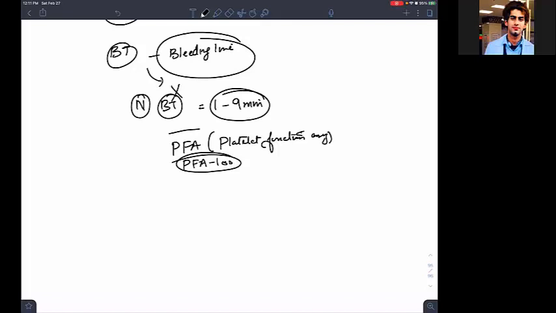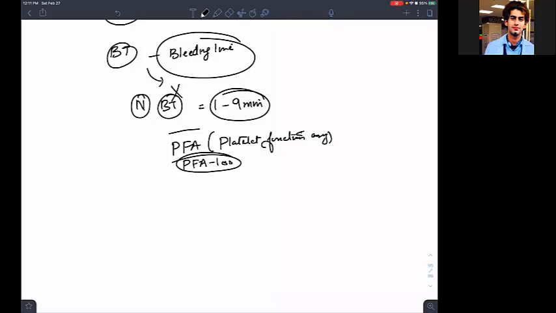So once I am watching a PFA assay, where 1 to 9 minutes should be normal, and I see 15, 20, 25 minutes, as an example, that should be an increased BT.